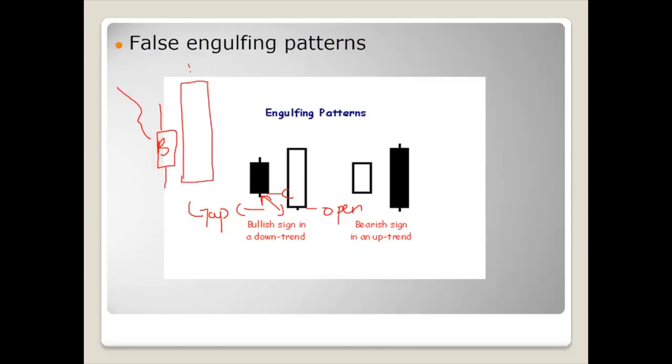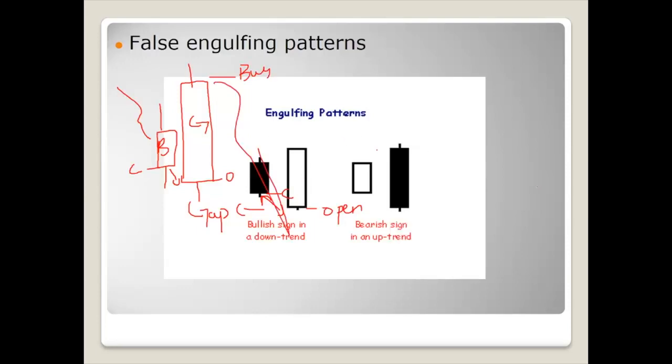Though this is a big bullish engulfing candle, this closing price and this opening price are not equal. The market already gave a gap down, and from there the market started to move up, and the green candle buyers started to engulf it. But it doesn't work. Most of the time, people go for a buy here, and what happens is the market comes down.